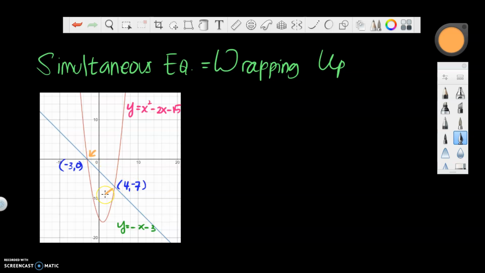We can also call them intersections, where this curve and this line meet. For example, the intersections here are at negative 3, 0 and 4, 7. So this is our intersection.